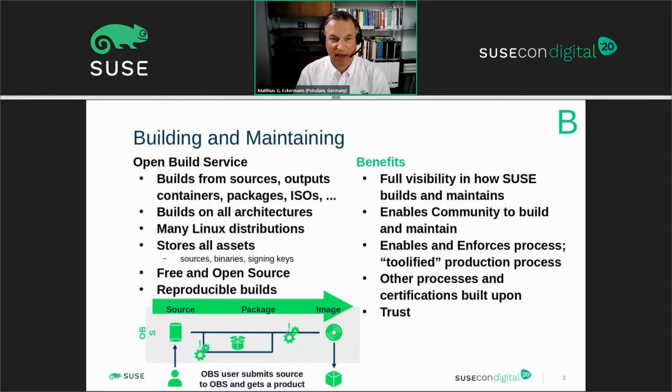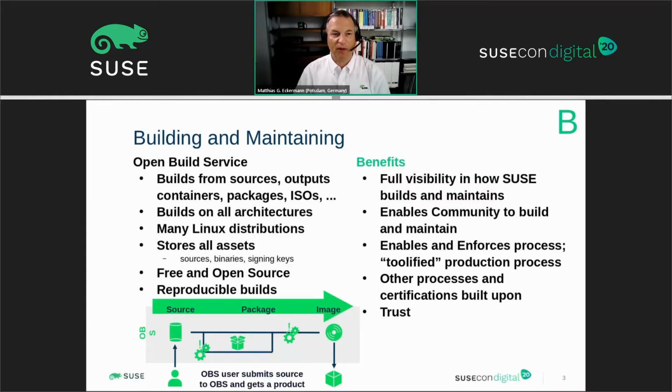About building and maintaining, SUSE has put all their knowledge, all the experience of 28 years of being SUSE into a technology called Open Build Service. It is a free and open source offering. It is available to everybody to download, but also to run as a service.